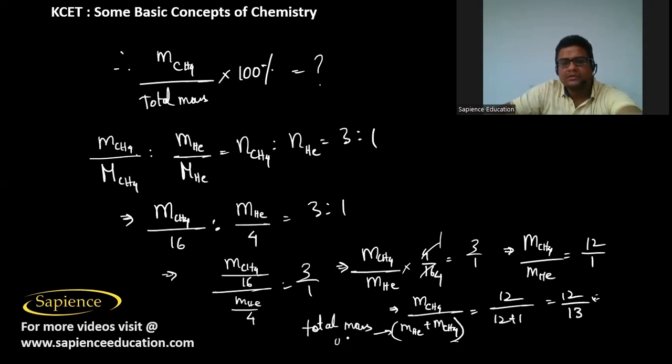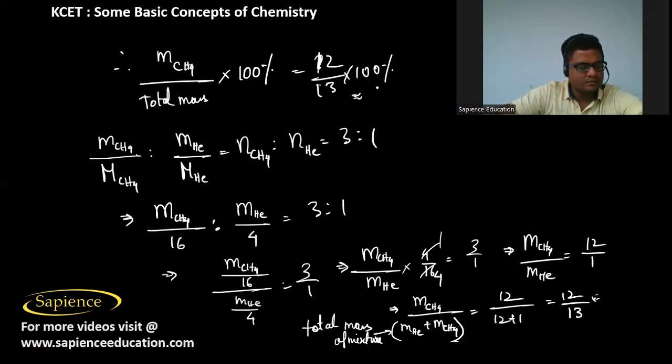So this value will come 12 by 13 into 100%. So that will be approximately equal to 12 into 13 sevens are 91.